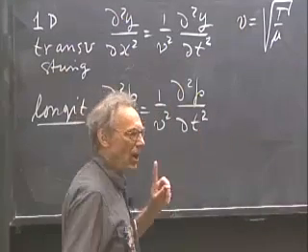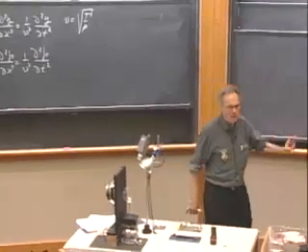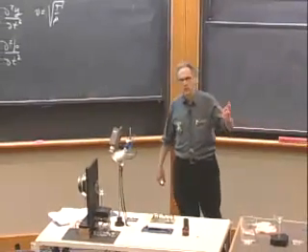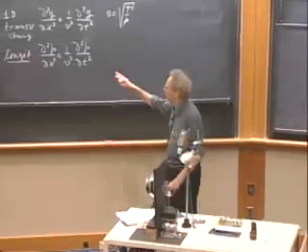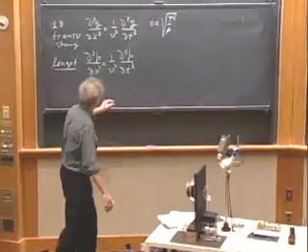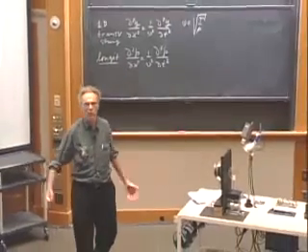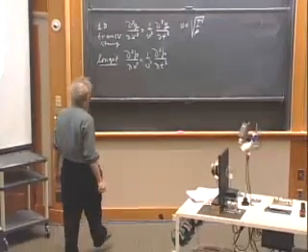P then, being positive, would be overpressure, over and above the ambient 1 atmosphere, and if it's negative, then it is below. So it's not the total pressure, but it is the overpressure. And v then is the speed of sound, which in air, room temperature, is about 340 meters per second.